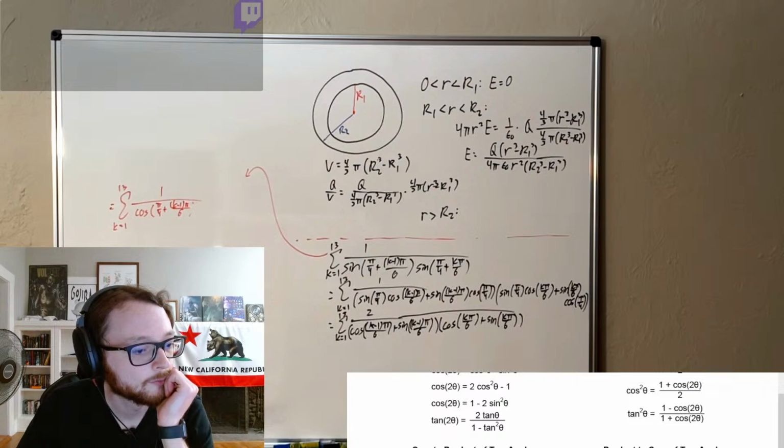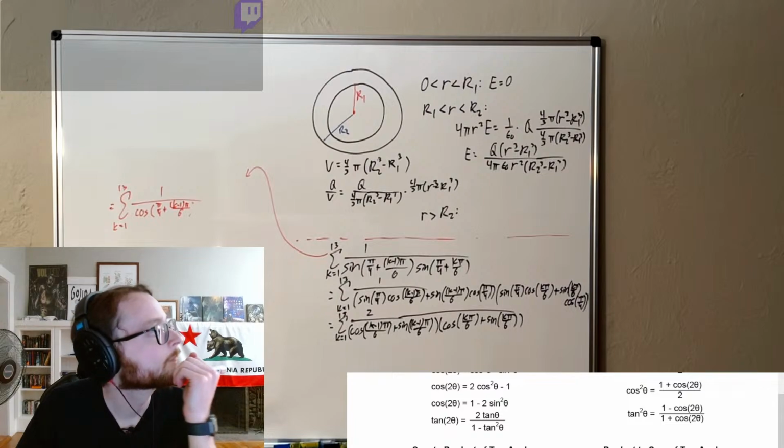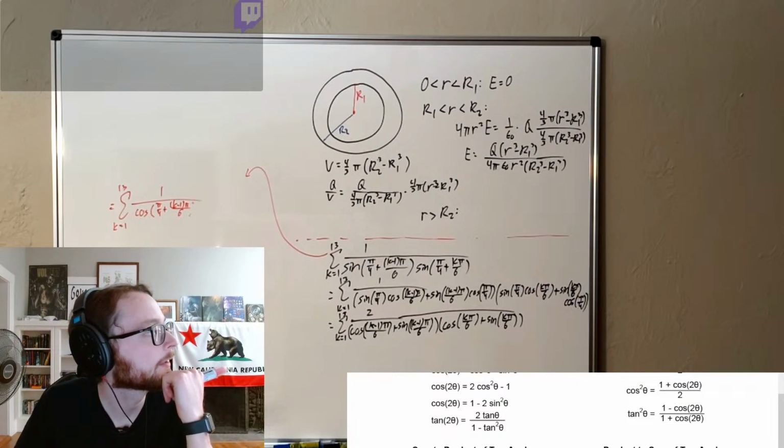Sounds good, Arush. Yeah, this thing is going to repeat itself every, like, 6th value of k.